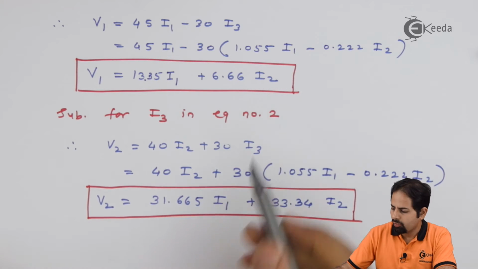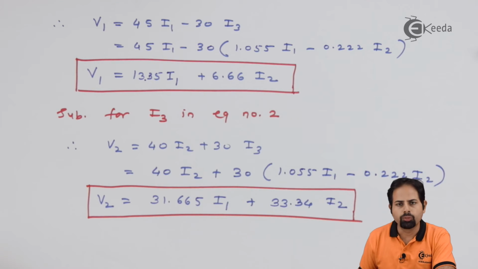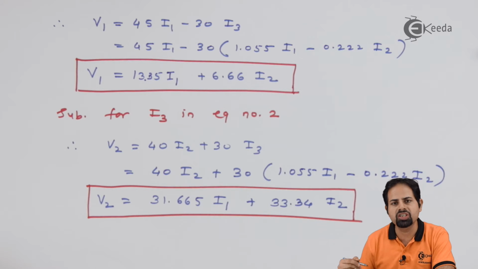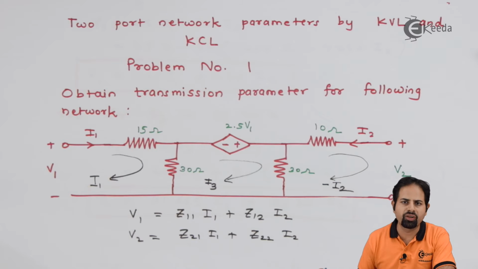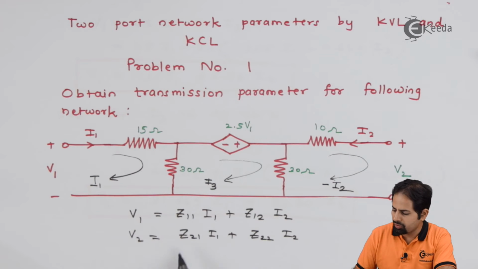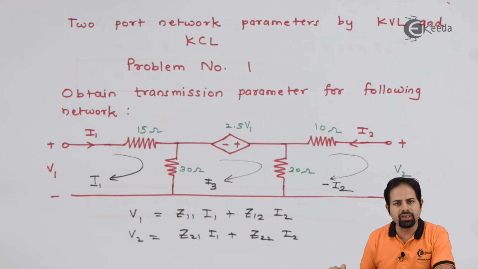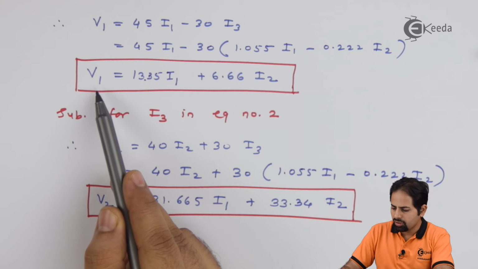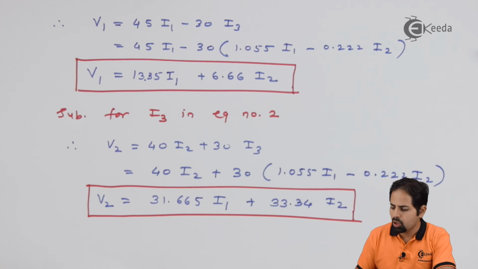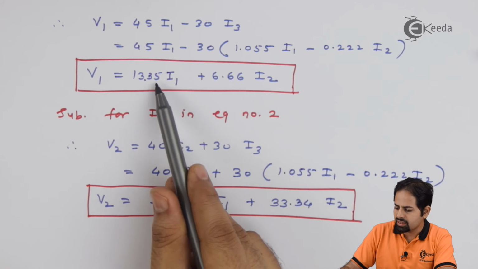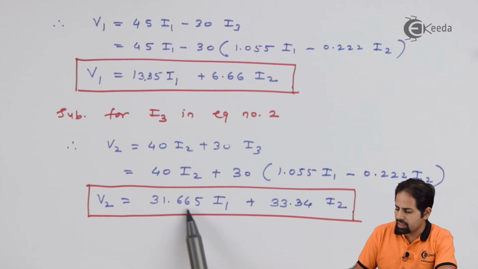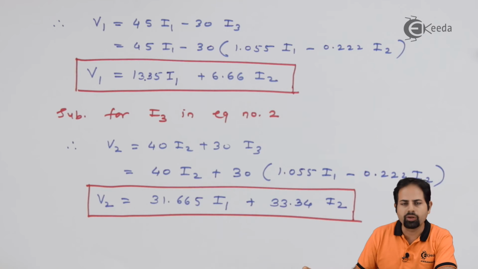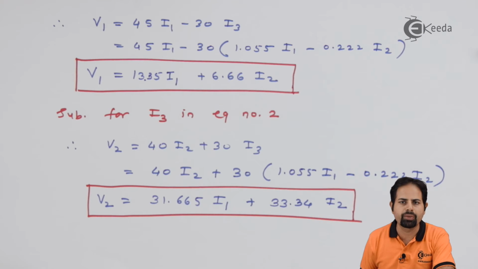Now we will compare these both equations with original equations of Z parameter. That is, these are the original equations to define Z parameters. So V1 and V2 we have. Similarly, here we have V1 and V2. So V1 is Z11 I1 plus Z12 I2, and V2 is Z21 I1 and Z22 I2. So we have got Z parameters.